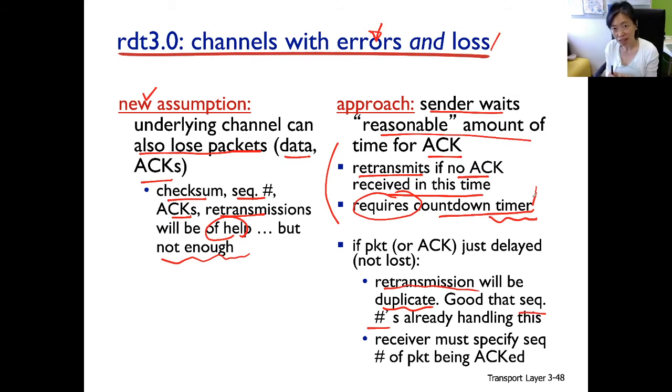We'll also see later in TCP how that is calculated, how that is estimated. All right, so yeah, sequence number is necessary again in RDT 3.0. The receiver needs to specify the sequence numbers for the ACKs, just like the data side needs to specify the sequence numbers for the data packets.